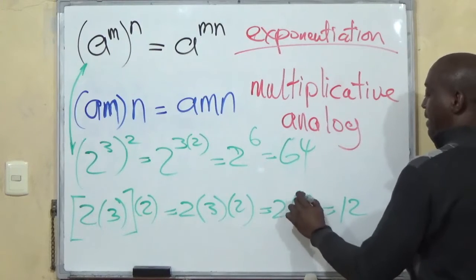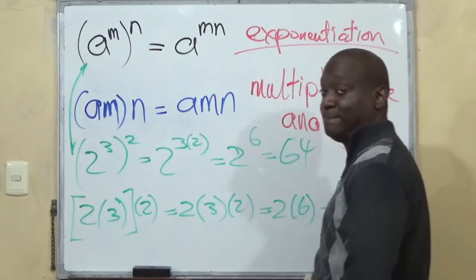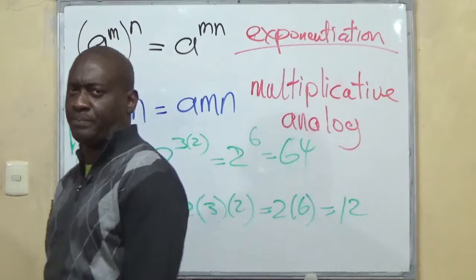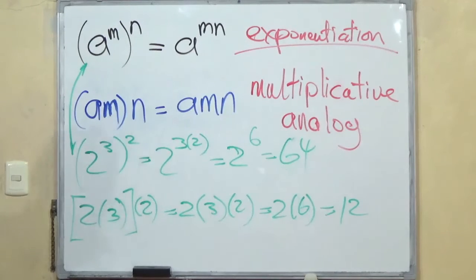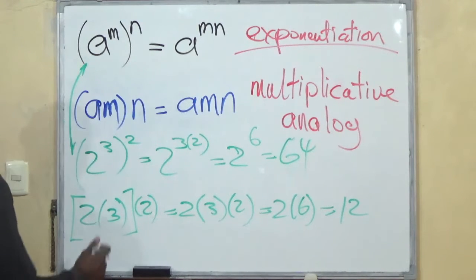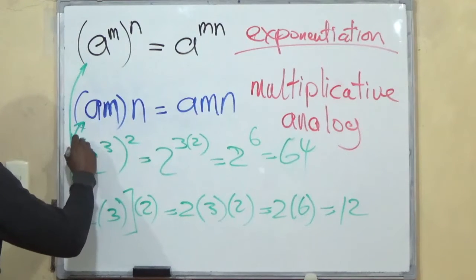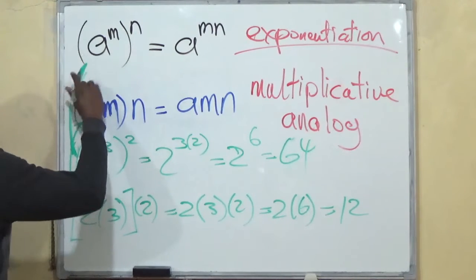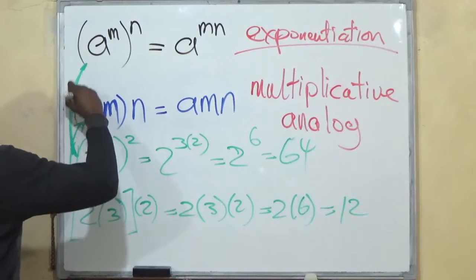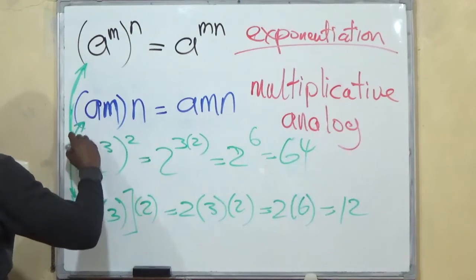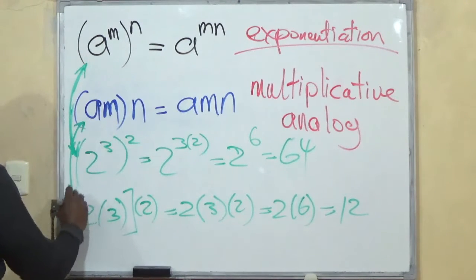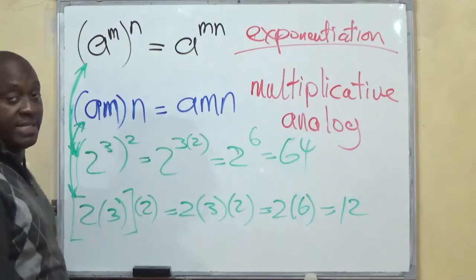Big, big, big, big difference. You see? So, the reason why I'm making the extra step whenever I can to demonstrate the difference between the exponentiation, sorry, the powers, and its multiplicative analog, is that these are simple mistakes that people make.